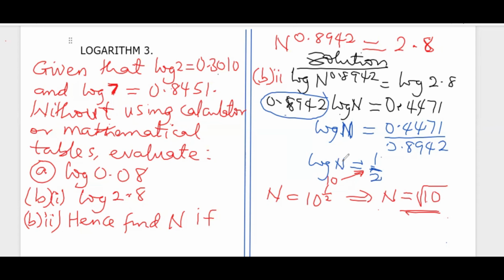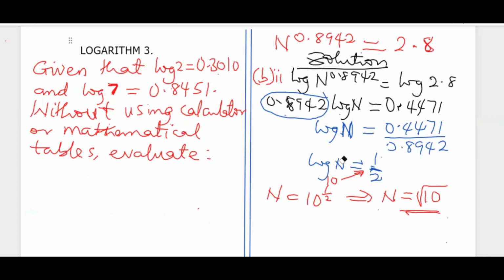Don't forget the aspect where I said if you have something like this, log of n equals 1/2. What we're trying to do here is that this one means log of n equals 1/2 times 1. And that one, you can write it in the form of, if this one is base 10, for example, move this part to the front.